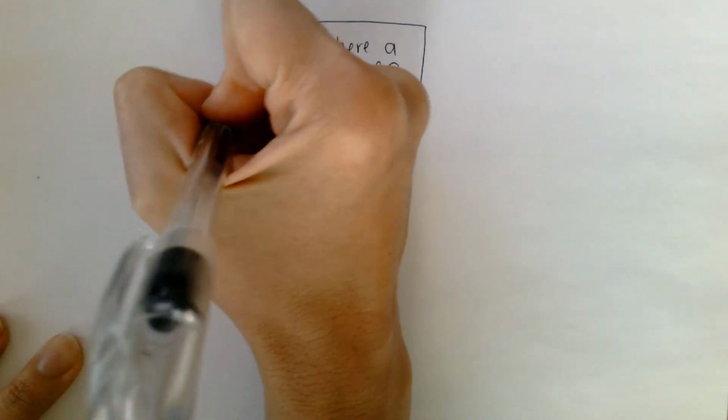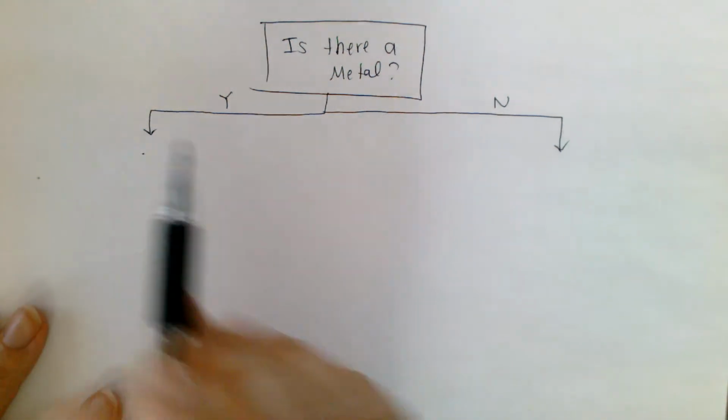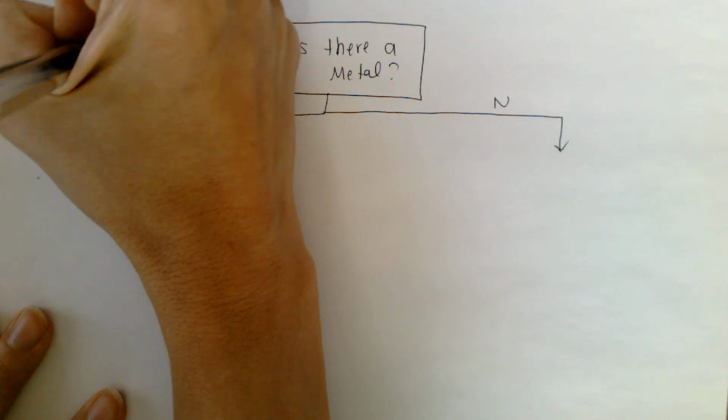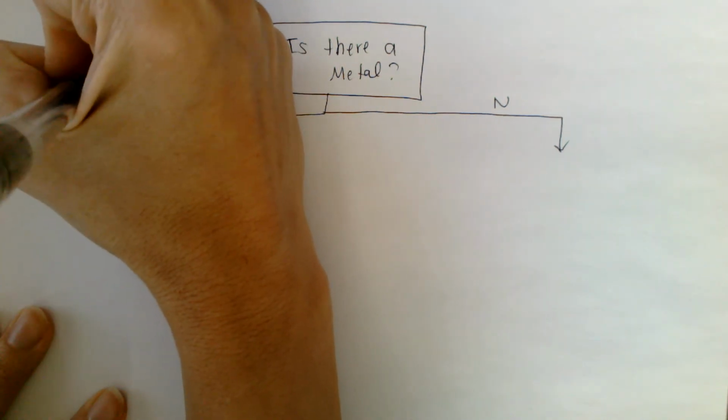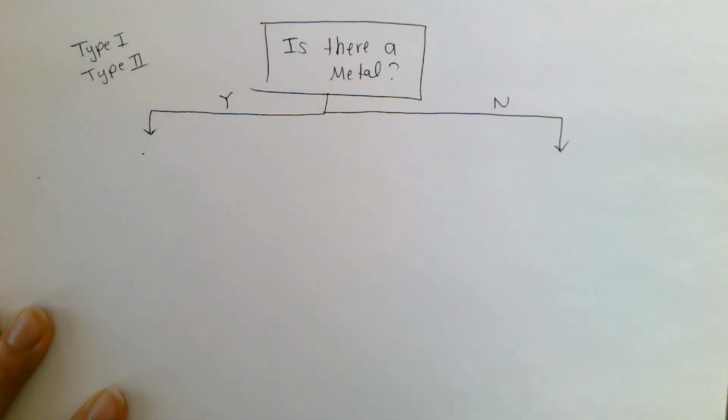Okay, so if the answer is yes, or we have the answer as no. So if the answer is yes, over here on this side, we have our type 1 and our type 2 metal compounds that we talked about.